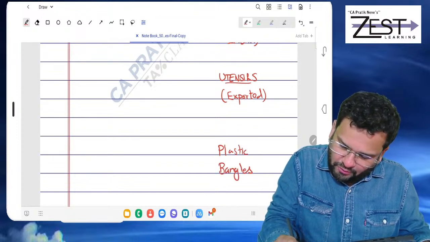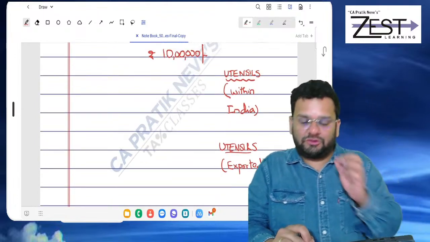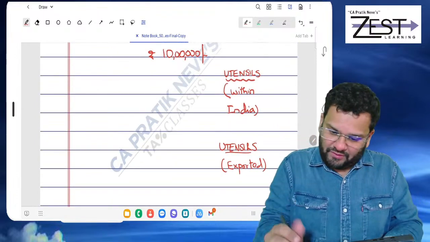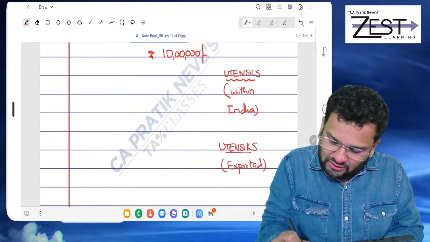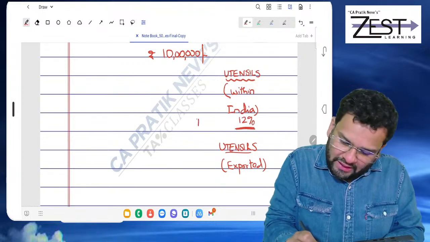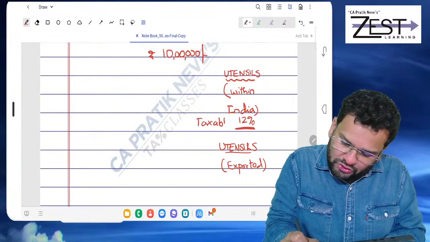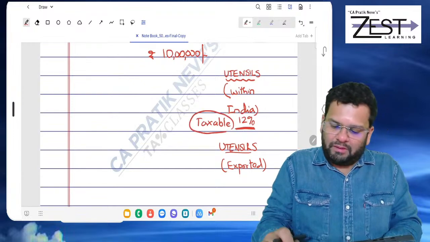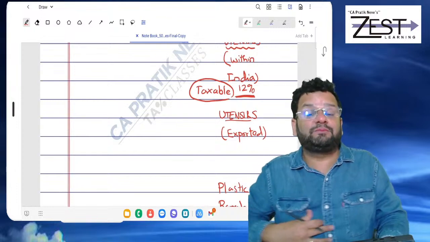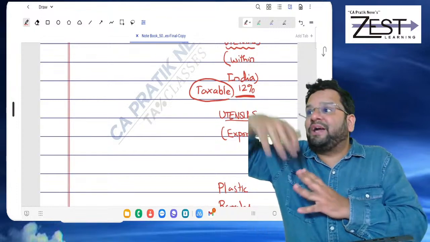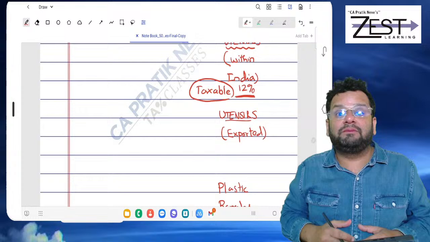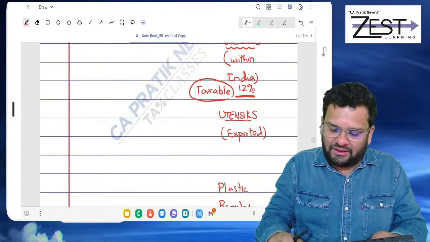So for your information, suppose plastic utensils are chargeable to tax at 12%. So these are called taxable goods. But utensils which are exported, anything that you export, becomes zero rated.